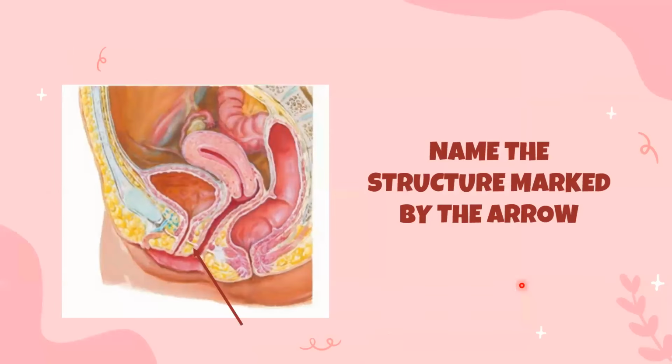Yes, perfect. Okay. So let's name the structure marked by the arrow. First of all, is this a male or a female? Female. All right. Okay. So I am expecting the urethra in a female to be much, much shorter.